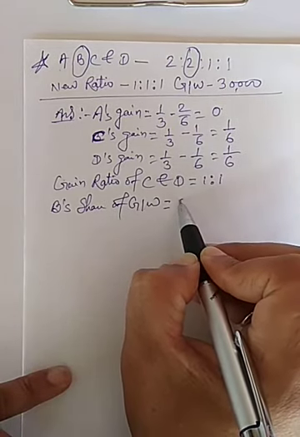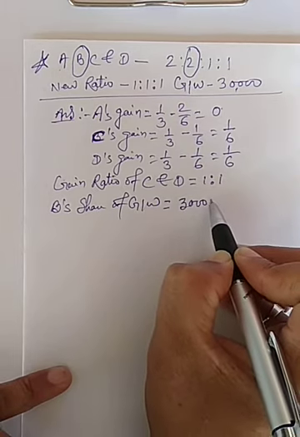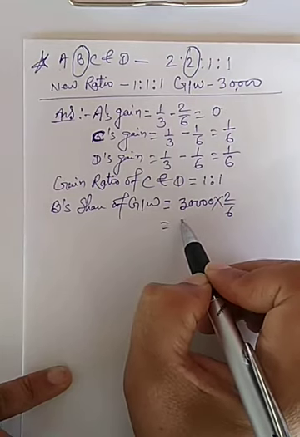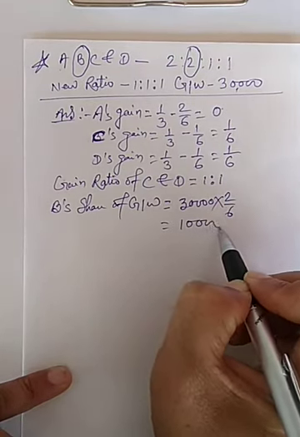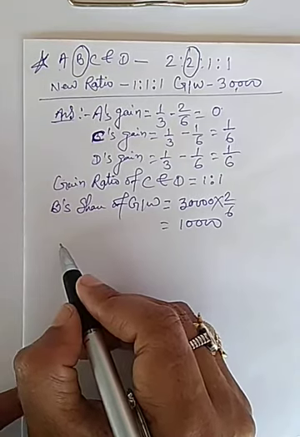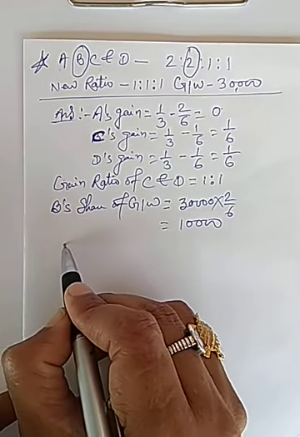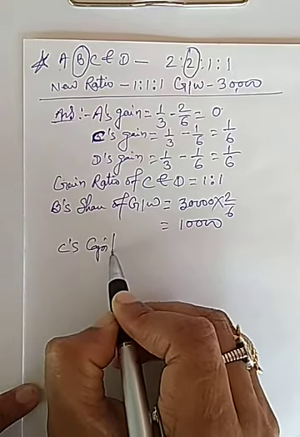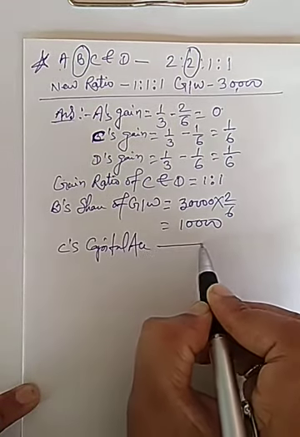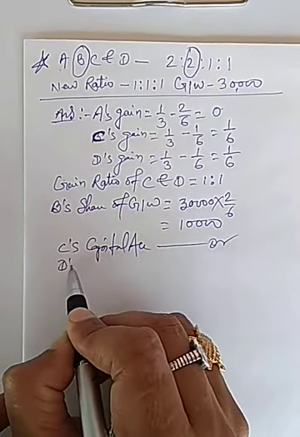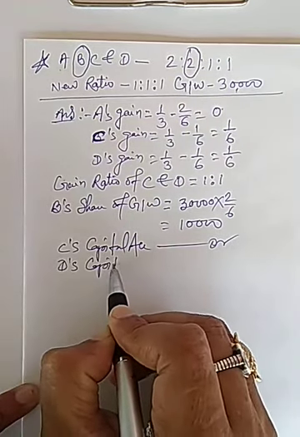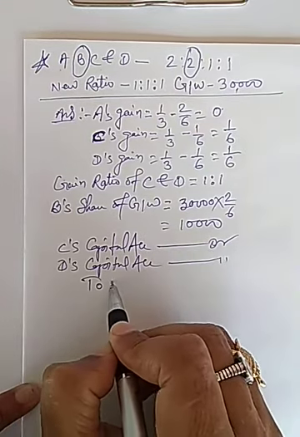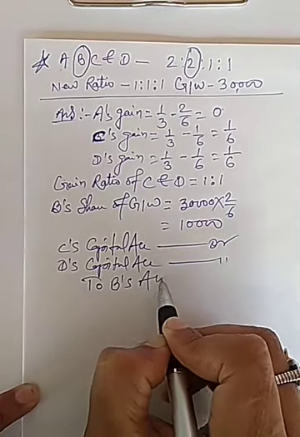Now B's share of goodwill equals 30,000 into 2 by 6. So it will be 10,000, and the journal entry will be C's capital account DR, D's capital account DR to B's capital account.